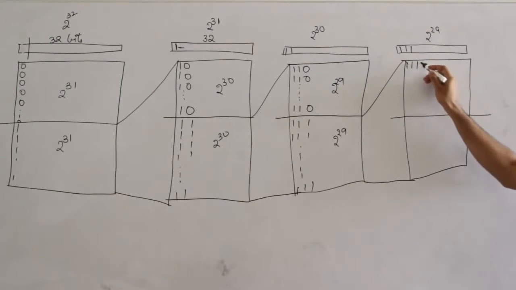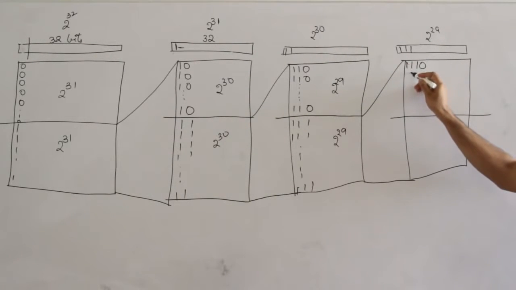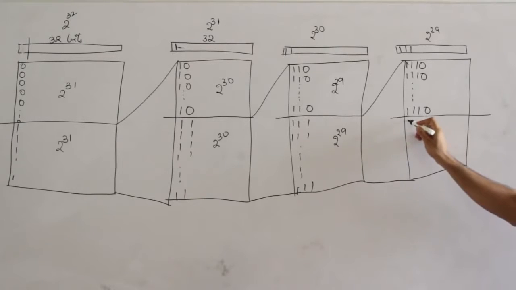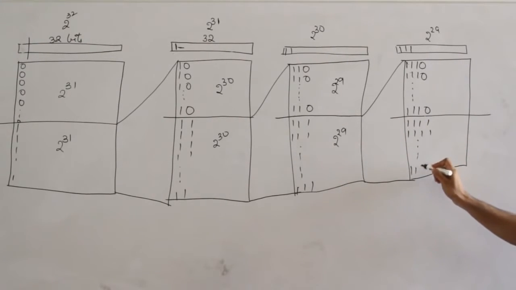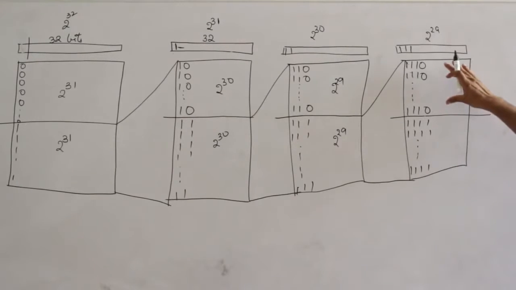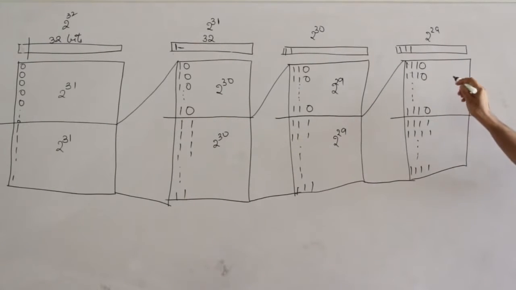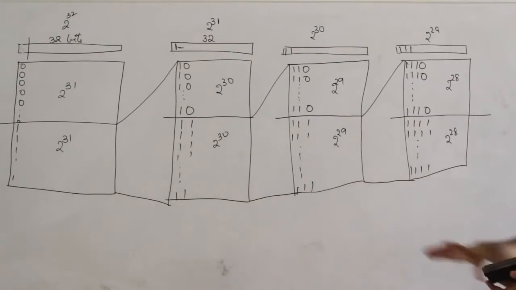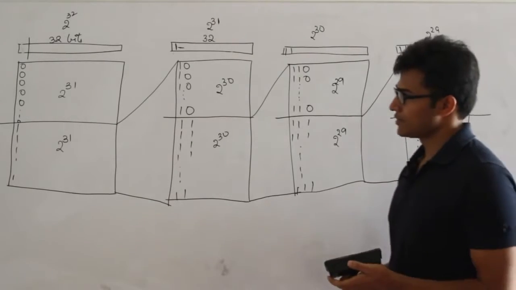The fourth bit could be 0, which means in the first part all the numbers will contain 1110, right? And in this part all the numbers will contain 1111 and so on, right? Therefore the size of this part is 2 power 28, and the size of the other part is 2 power 28, right? So this is how they classified the entire IP addresses.